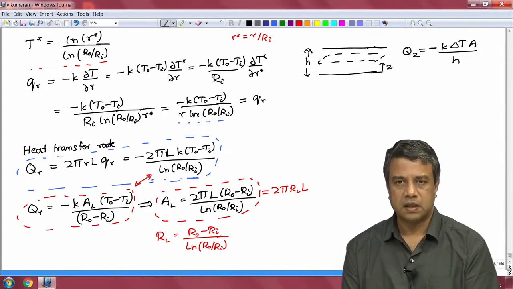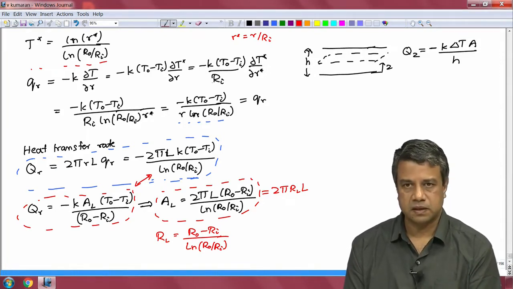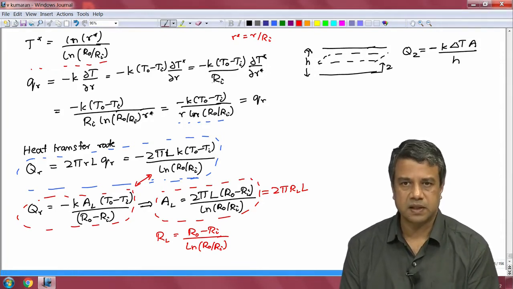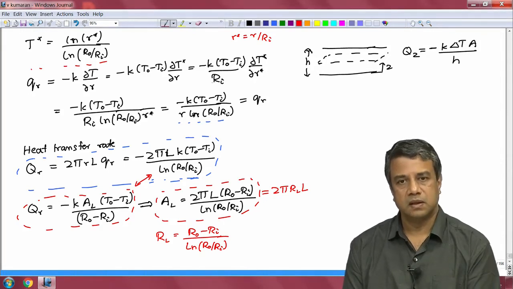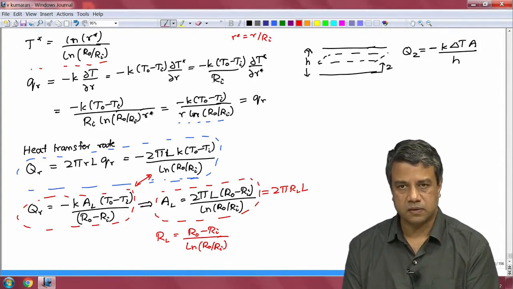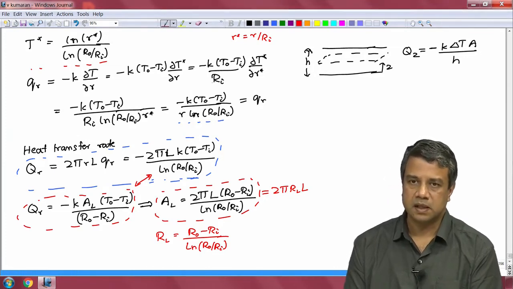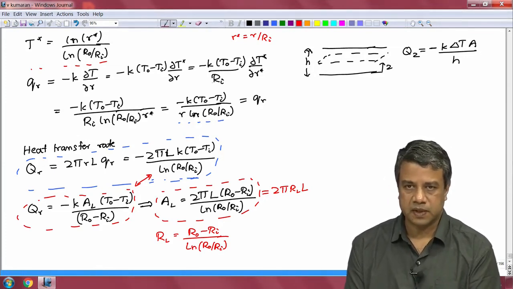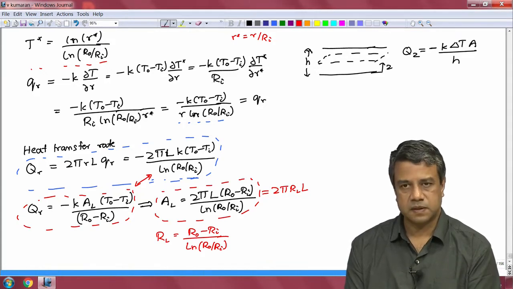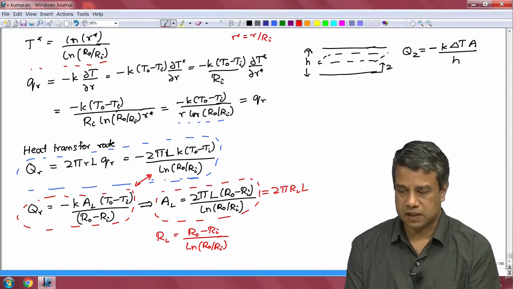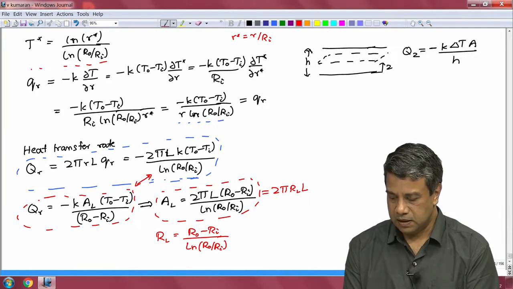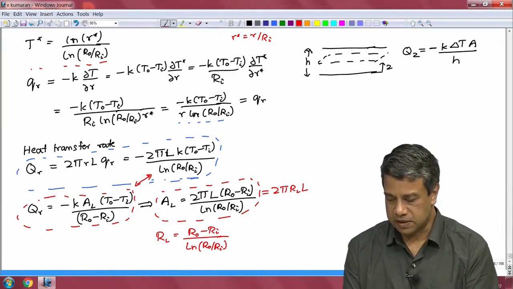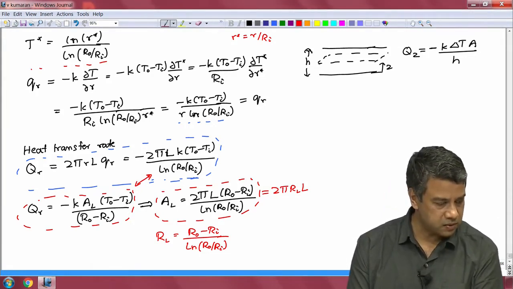This comes from an attempt to force fit the expression that we actually get in a cylindrical coordinate system to what we would have got for a Cartesian coordinate system. By defining an area this way, in the end you get the correct expression for the heat transfer rate, if you define the log mean radius in this manner and the thickness as R0 minus Ri.